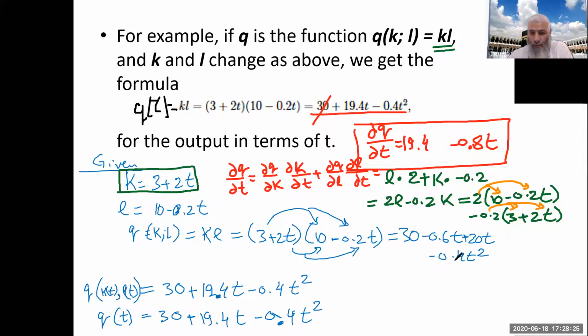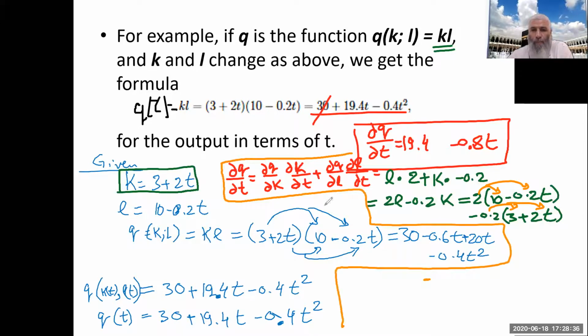So I will solve it here. 2 times 10 is 20. 2 multiplied by 0.2t is minus 0.4t, minus 0.6, minus 0.4t.